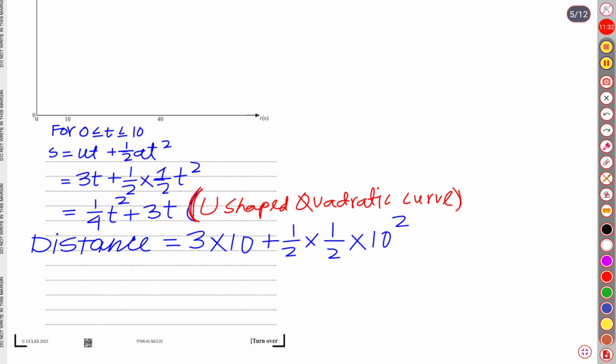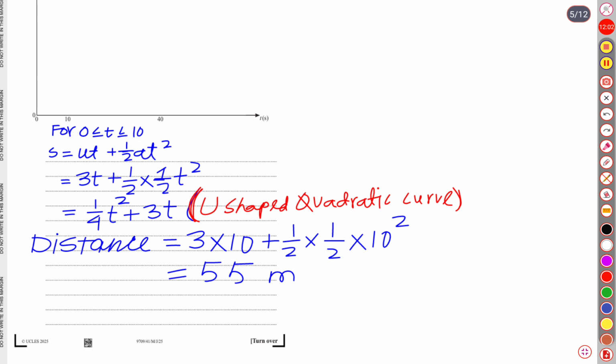Or you can find the total distance traveled in the first 10 seconds by the area of the shape, which was not a triangle but a trapezium. So finally it is 30 plus 25, which is 55 meters. So for the first phase we have found the expression of displacement as well as the distance traveled by the cyclist.